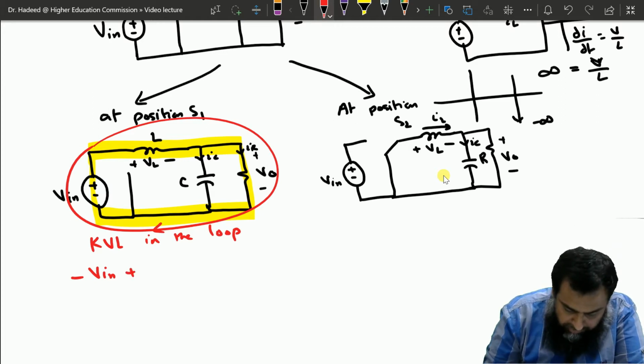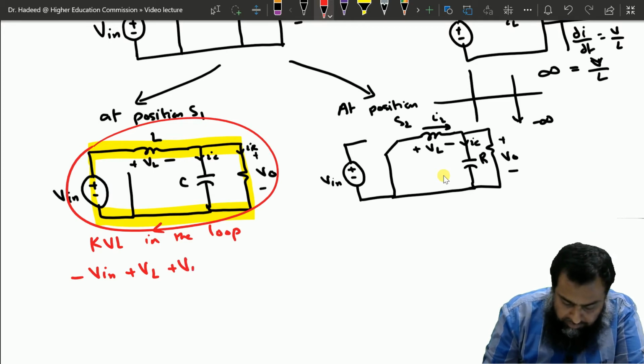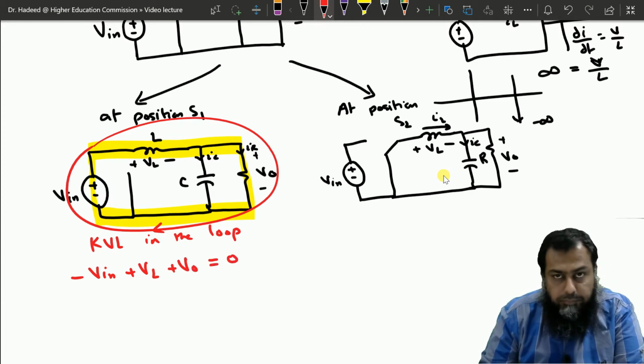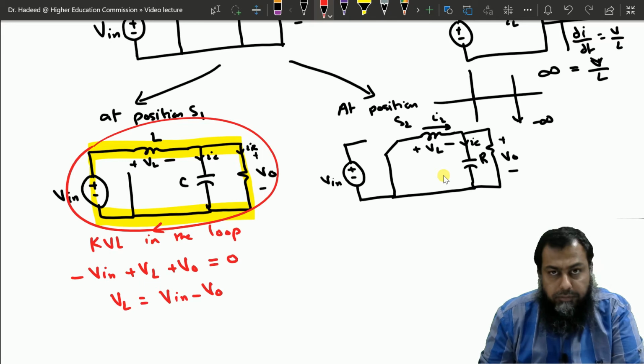So this is plus VL, and then it enters the positive of this V naught, plus V naught, and this should sum equal to 0. And therefore this VL is equal to Vin minus V naught.